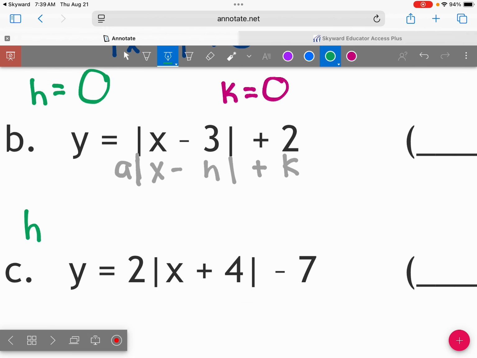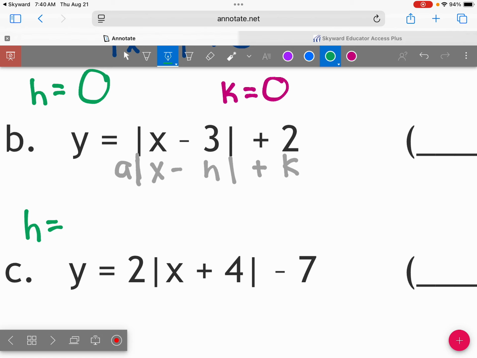So what is h going to be equal to? Positive 3. Because my x's match up, so ignore them. The minus signs match up. So we have our positive 3 here. It's always going to have the opposite sign of this expression.